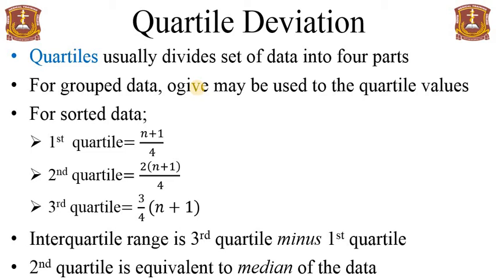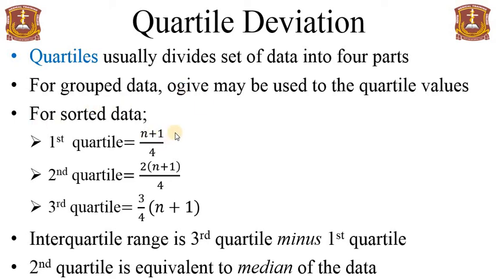You look for that point where the value that corresponds to a quarter of cumulative frequency will give you the first quartile. Then half of cumulative frequency will give you the second quartile value, and 3/4 of cumulative frequency will give you the third quartile or the upper quartile. So that is related to what we find when you do ogive analysis of these quartile values.